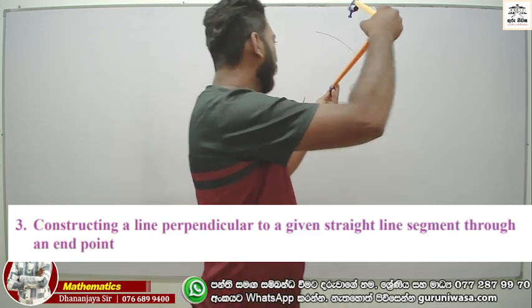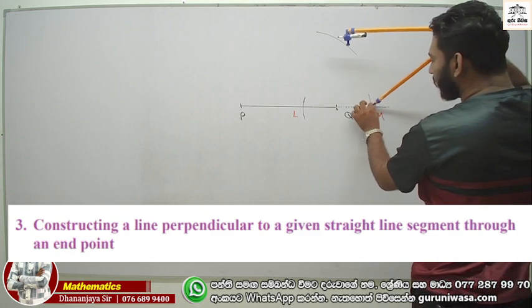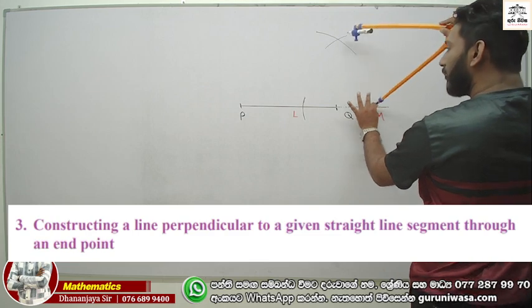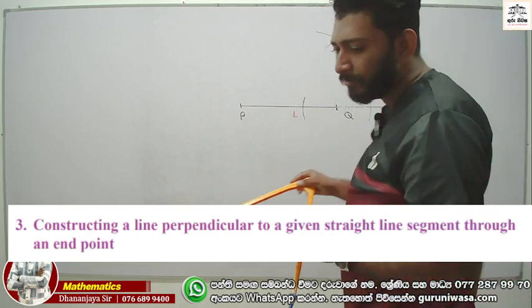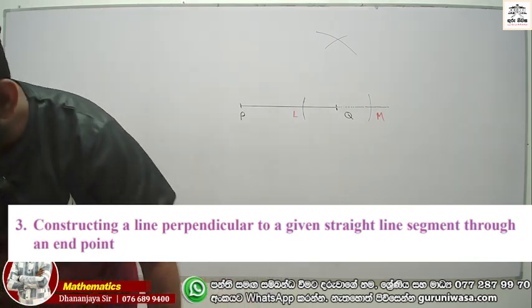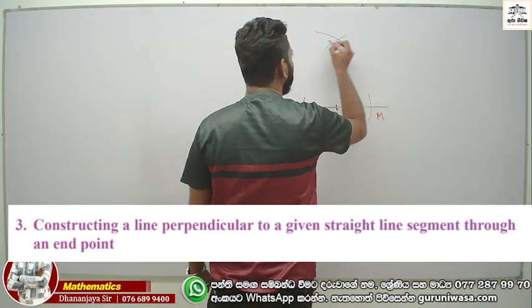Now do the same thing, taking M as the center. Now this is my intersection point. I am going to mark it as X here.